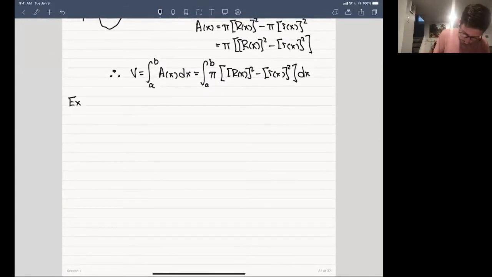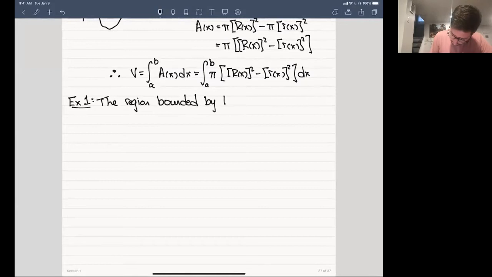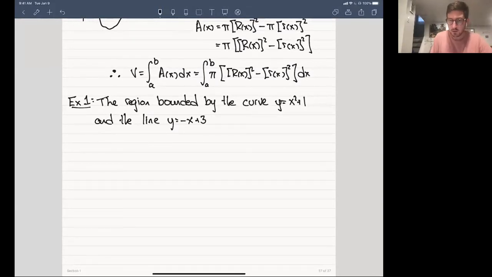Here's the first example. I'm going to ask you to consider the region that is bounded by the curve y is equal to x squared plus 1, and the line y is equal to minus x plus 3.